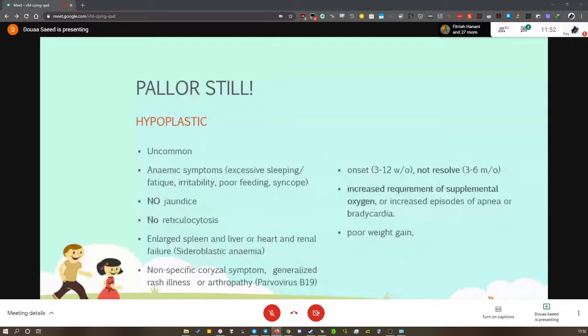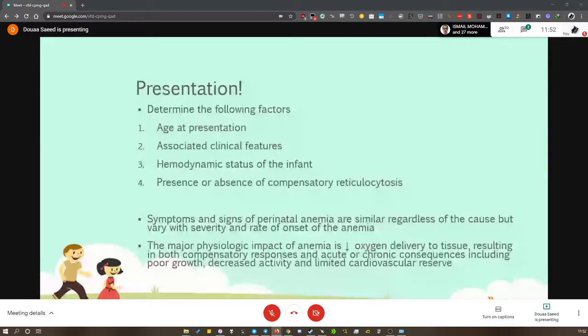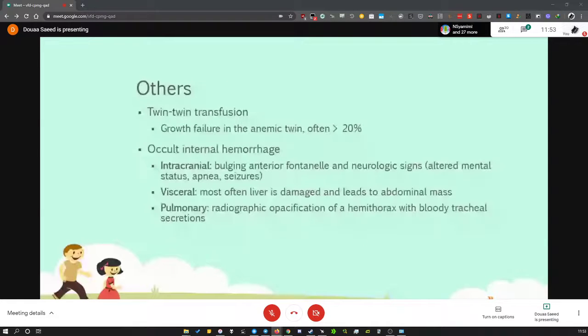There will be an increased requirement of supplemental oxygen, unlike hemorrhagic, which is unrelieved by supplemental oxygen, and there can be poor weight gain as well. Others, such as twin-to-twin transfusion, can present with growth failure in the anemic twin, often more than 20%.